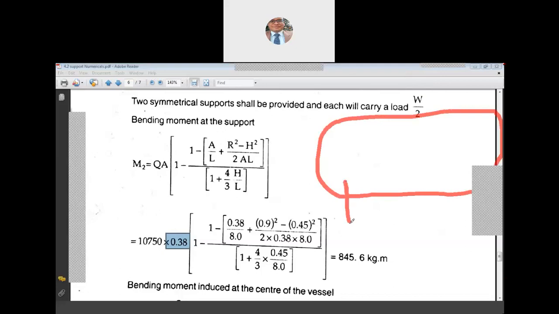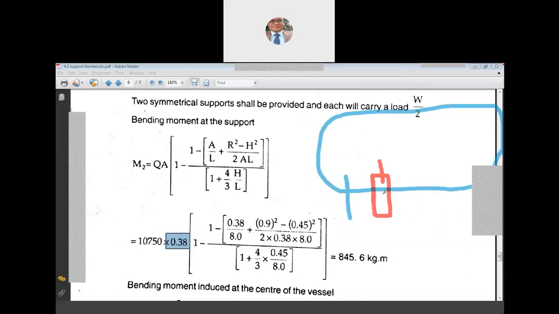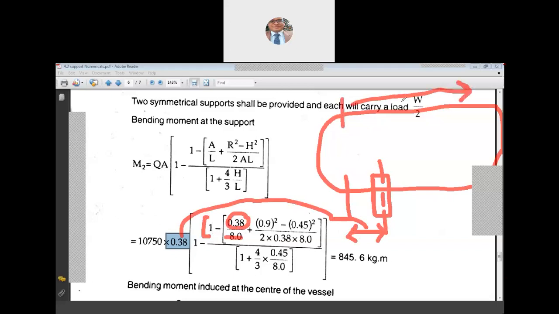So this is the saddle center line, and this is nothing but your A value. This is A. Then 1 minus A, that is 0.38, that is 380 millimeters, divided by L, the length of the vessel, which is 8 meter, as mentioned.